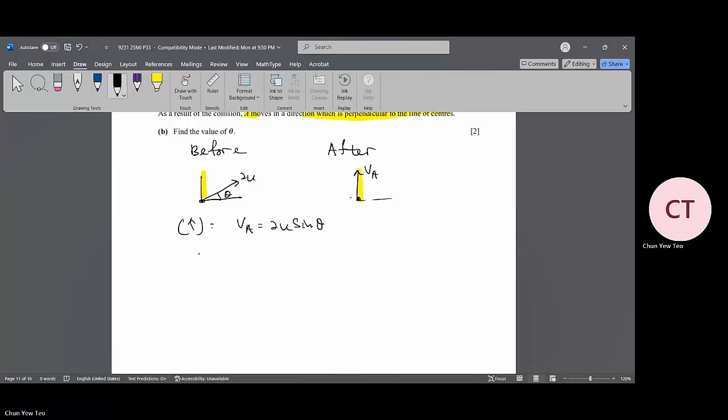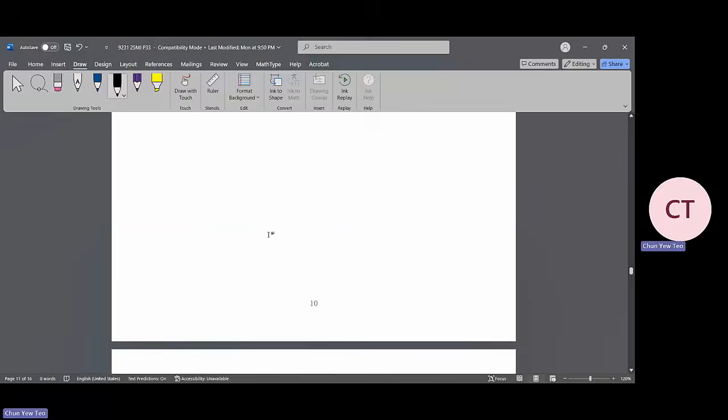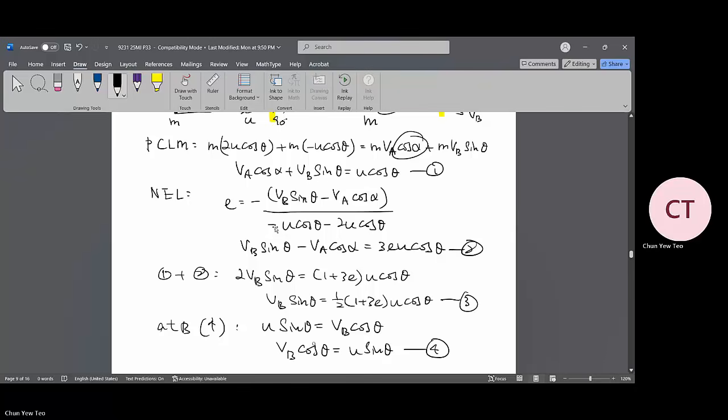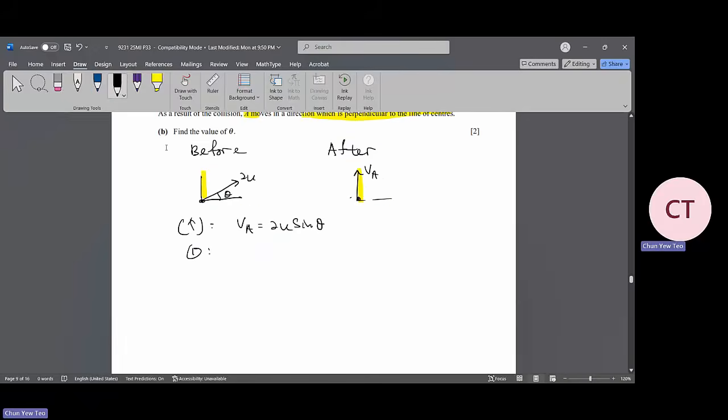Okay, and just now we have equation 1. We can straight away replace alpha equal to 90 degrees over here. So actually, we do not need this information.